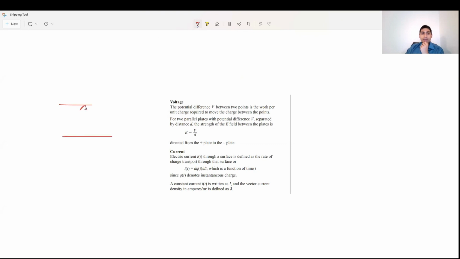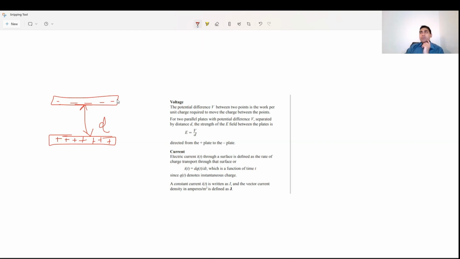This is your distance. Supposedly you have a line of charge. So these are 2 plates. Supposedly this is the negative plate and this is the positive plate.